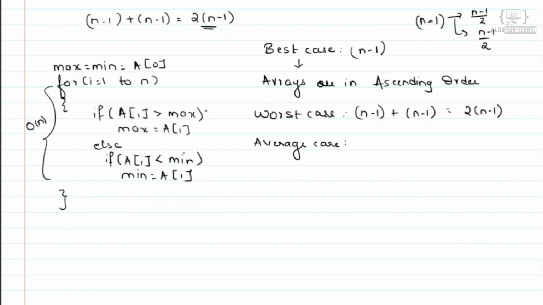Now to pass the condition in the if part, the number of comparisons will be (n minus 1) by 2. But to go in the else part, we have to first go in this condition, and then only we can go here. So it will be (n minus 1) by 2 plus (n minus 1) by 2.